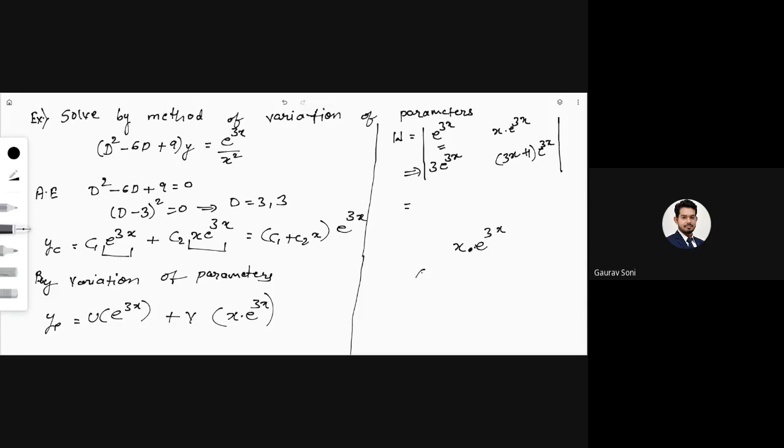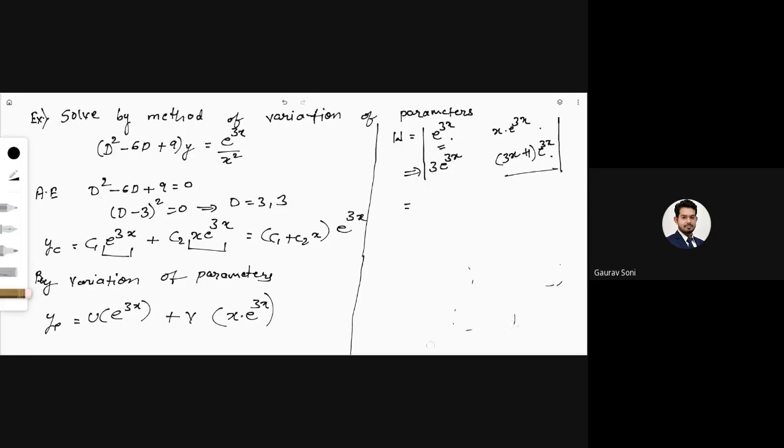What the u into v rule says: first of all keep x as it is, take the derivative of e to the power 3x, that is 3 e to the power 3x, plus now you keep e to the power 3x as it is, derivative of x, which is 1. So now I will take e to the power 3x common from both of them. In bracket it is 3x plus 1. That's what I have written here. The derivative of the upper one is written below. I hope I have made myself clear. Is it clear now? Yes, sir.